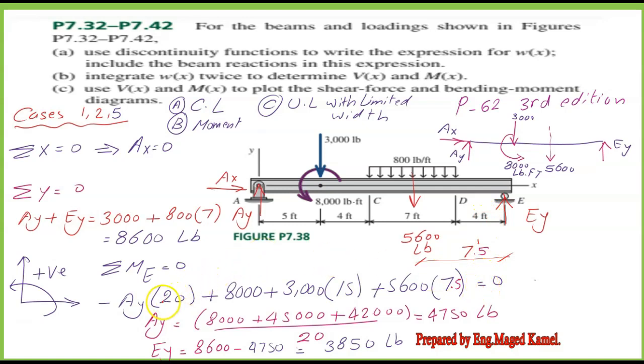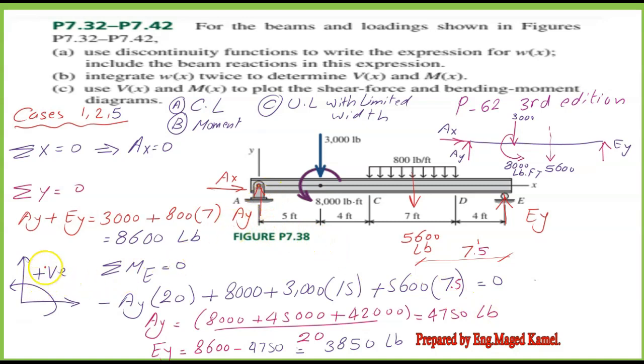We move the minus 20 AY to the other side to be positive, and we sum all the other values, 8,000 plus 45,000 plus 42,000, all to be divided by 20 to get the AY value. The AY value is positive 4,750 pounds, which means that the assumed direction is correct, coming upward.